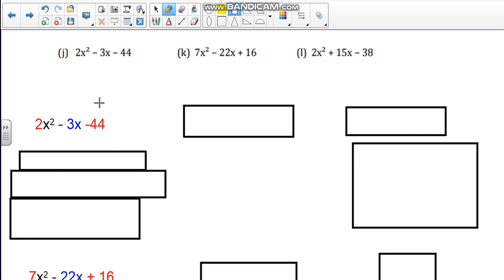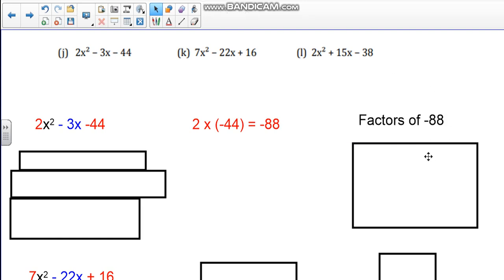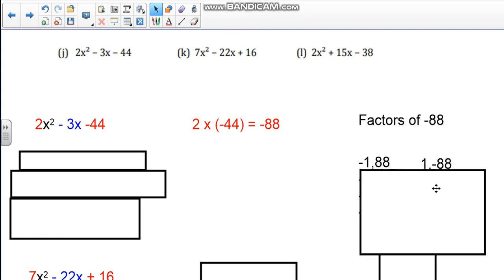If we look at this one here, we've colour-coded, we've got the two red numbers, the one at the front and the one at the back, and we multiply those together. So we've got two lots of minus 44 is minus 88. I then need to look for the factors of minus 88. So of course there's minus 1 and 88, but I could also have 1 and minus 88.